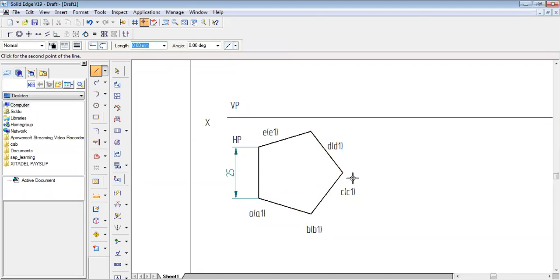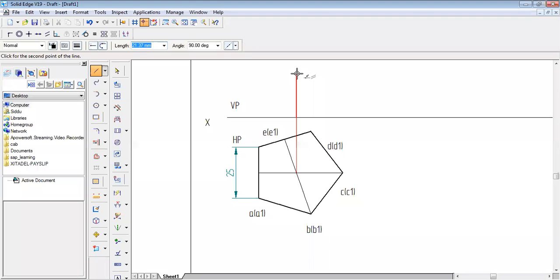So what you can do is, using the perpendicular bisector, you can do it, friends. Okay, so this is going to be our axis line.